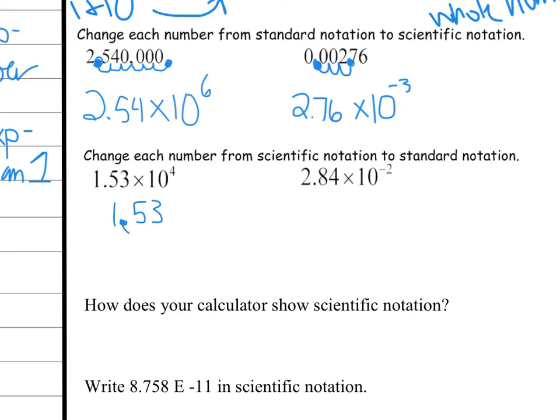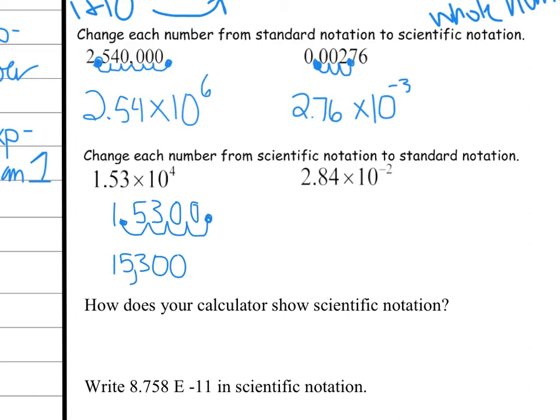I'm going to move it 1, 2, 3, 4 times to the right, and now it's back here. 2 of those spaces are filled up with a 5 and a 3, but there's 2 moves that have no number in them, so I add a 0 for those 2 spots. I'm going to rewrite my number without the spaces involved so it looks a little bit neater. 15300, and add a comma so it says 15,300.